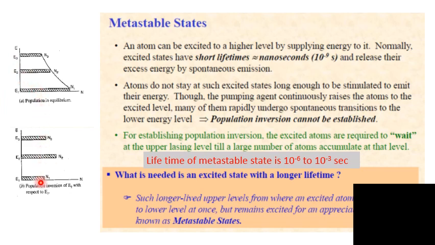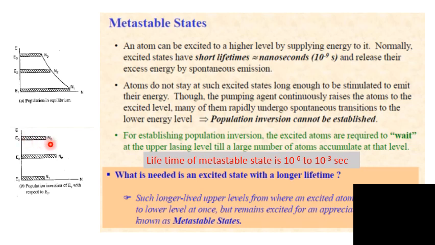So if we look to this figure, this is the ground state, and these two are upper energy states. We can call them excited states. We further divide these into the excited state and the metastable state, and we divide these two states on the basis of lifetime.